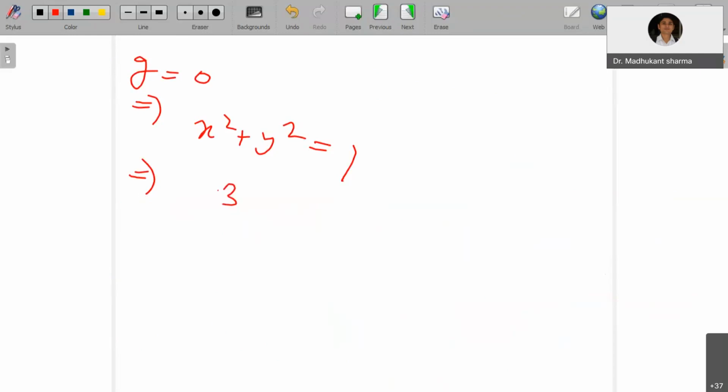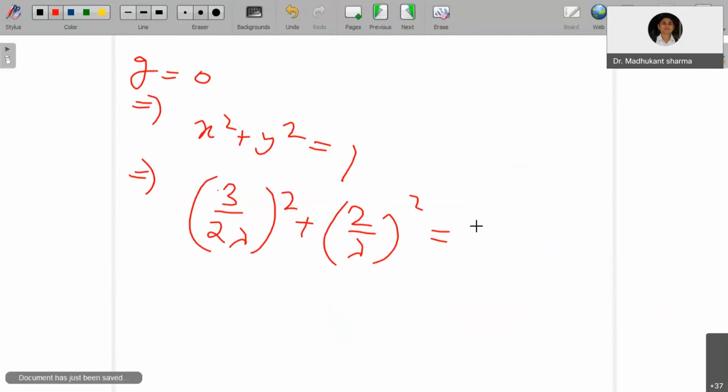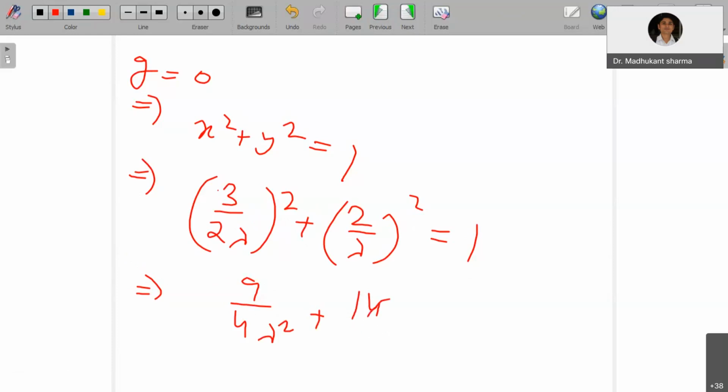So (3 by 2 lambda) whole square plus (2 by lambda) whole square equals 1. This implies 9 by 4 lambda square plus 4 by lambda square, which is 16 by 4 lambda square.